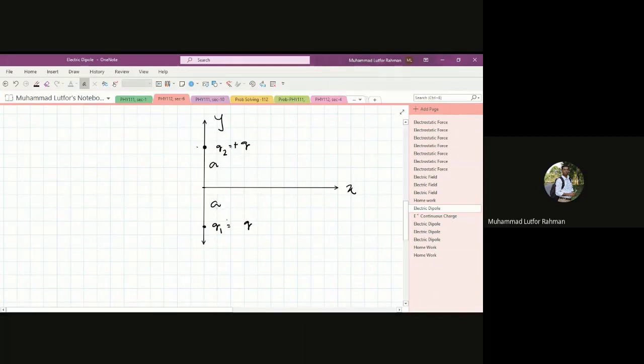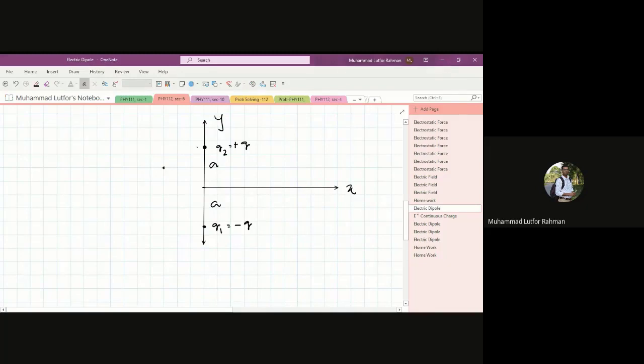So Q1 is negative. Right. And say I choose the origin over here. So I'm going to calculate the electric dipole moment from that point.